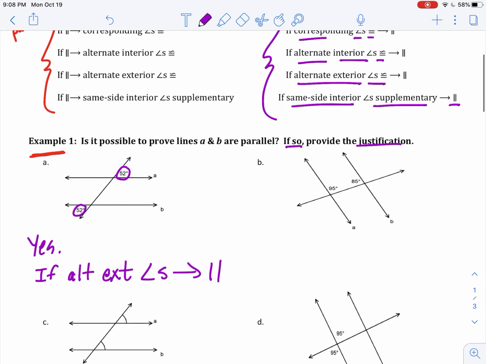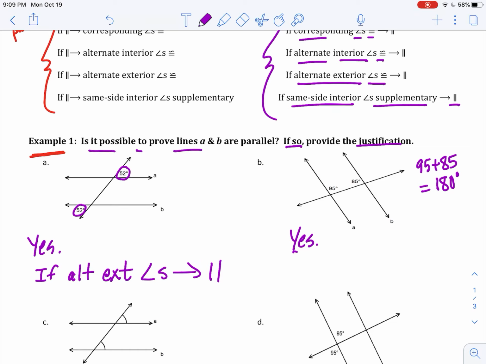All right, in example 1B, they kind of flip that picture sideways on me, but I do have a set of same side interior angles. 95 plus 85, if you added up 95 and 85, you would get 180 degrees. Therefore, I do have a set of same side interior angles. So the first question was, is it possible to prove them parallel?